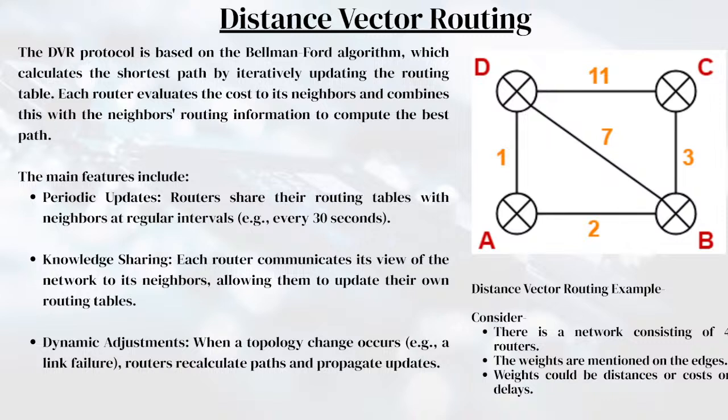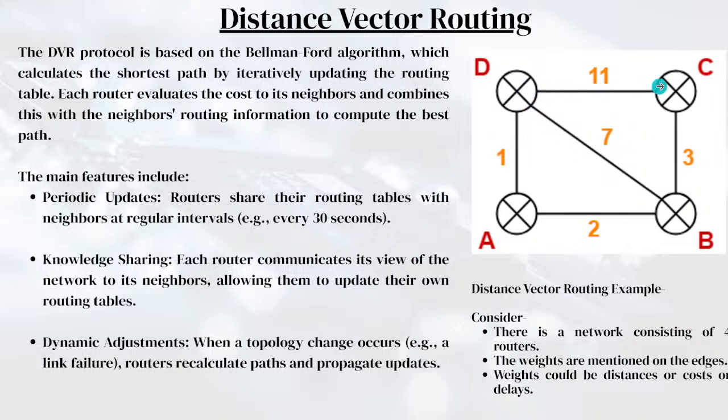Periodic updates means routers share their routing table with neighbors at regular intervals. Second, each router communicates its view of the network to its neighbors, allowing them to update their own routing table. And the third one is, when a topology change occurs, or any kind of failure, the router recalculates the path and propagates its updates.